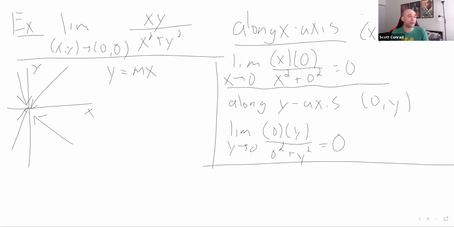So this is a quick way to prove some limits don't exist. So b is going to be 0 in this case because we're approaching the origin. That's why we approach (0, 0) for these, because it's a lot easier to check. But all lines of the form y equals mx are all the straight lines through the origin.